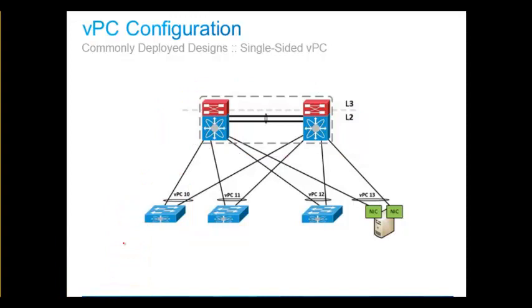How can a switch ID be common for two physical switches? Not possible. Every switch has its own unique identification, the unique MAC addresses. So if you are saying I'm going to bundle these two switches, I'm going to virtualize these two switches, you need to somehow manage to get a common switch ID. That is what vPC does.